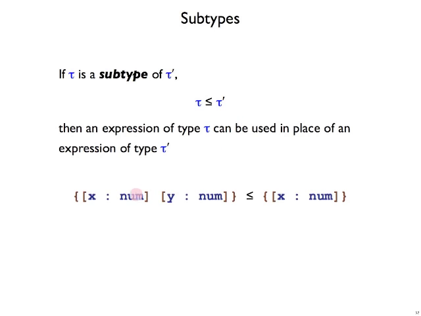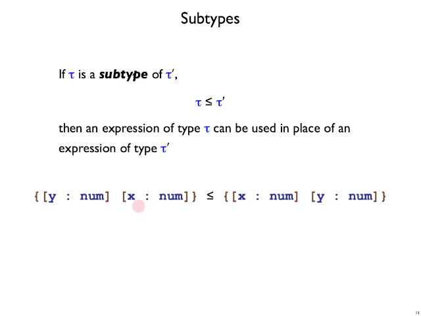And so we want to say that a record with x and y fields is a subtype of a record with x fields. So this type for records no longer means a record with exactly an x field. It means a record with at least an x field, where the x field has to have type number. And if you have a record that has at least x and y fields, then it's a record with at least an x field. And so we say that this type, record with x and y, both num, is a subtype of record with x of type num.